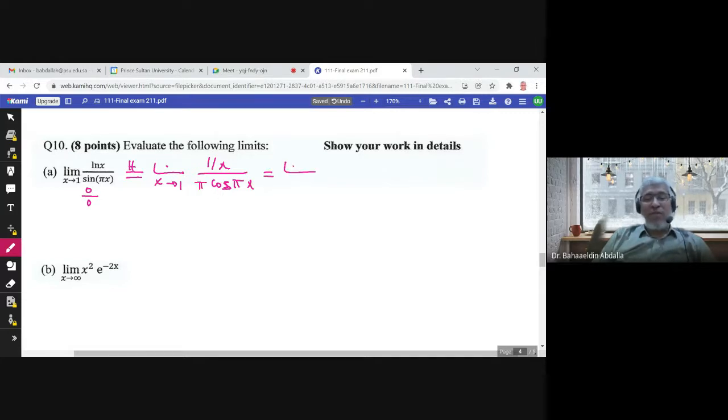So this is in fact 1 over x, and I can bring the x down. So I have pi times x times cosine pi x. And now let me replace x by 1. So I'll have 1 over pi, x is 1, cosine of 1 times pi, cosine pi is negative 1. So the answer is negative 1 over pi.